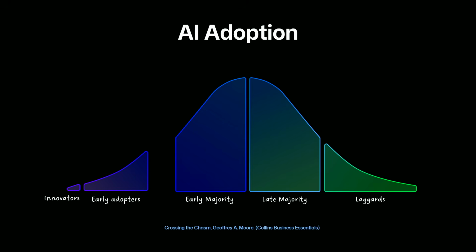What's actually interesting is not just where you are in this curve, but also understanding that the needs of these people are very different to the needs of the people over here. For example, if you're an innovator or early adopter, you will completely change how you work to suit the tool, because you're trying to get the most out of the latest and coolest tools.